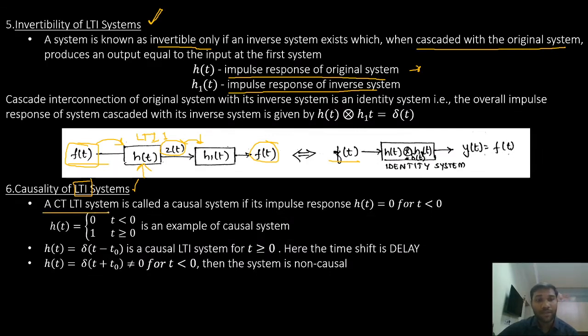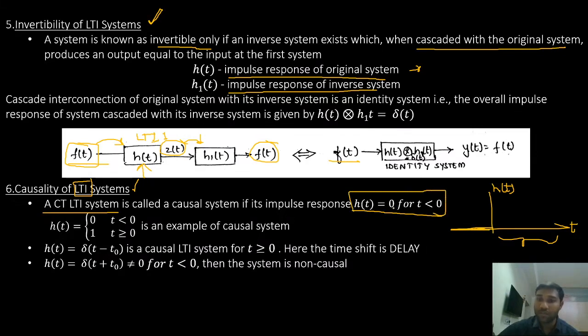So a continuous LTI system is causal if its impulse response h of t is defined only for positive values of t. For negative values of t, it must be 0, right? That is what this expression tells us. H of t equals 0 for t less than 0. Then the given continuous time LTI system is a causal system.